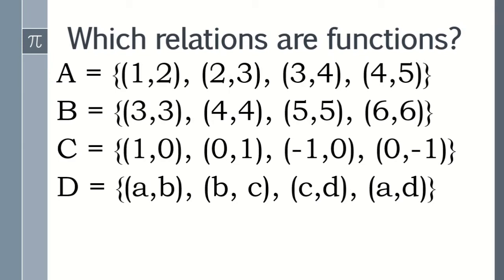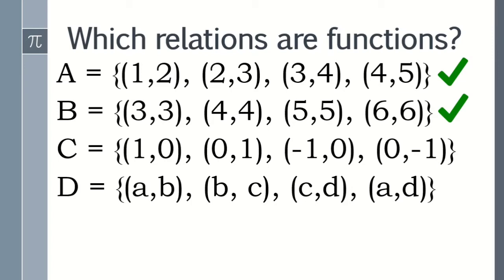So, given the following ordered pairs, which relations are functions? Okay. The relations A and B are functions because each element in the domain corresponds to a unique element in the range.